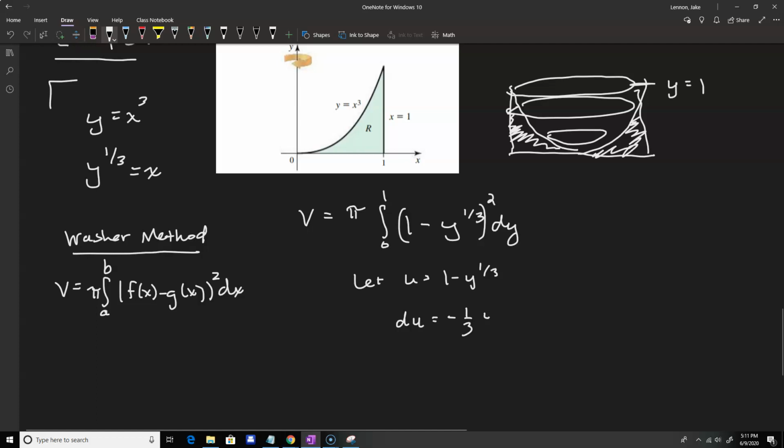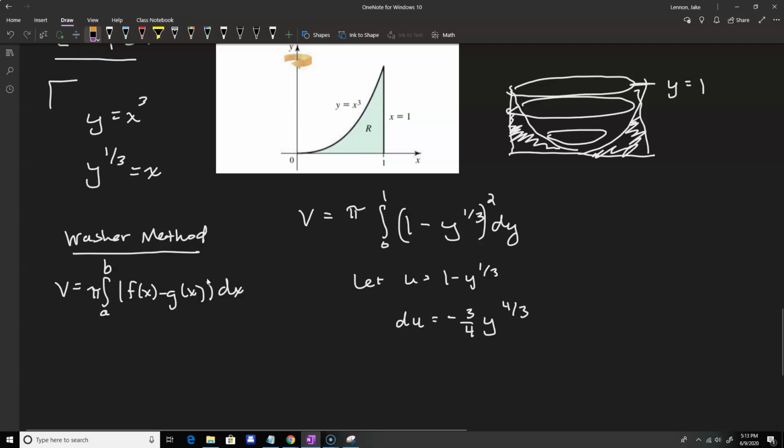Sorry, I was doing the derivative for some reason. So we add 1 to the power, and then we multiply by the reciprocal. So the new power is going to be 4/3, so we're going to get 3/4 times y to the 4/3. And then we're going to, I just realized I've messed up.